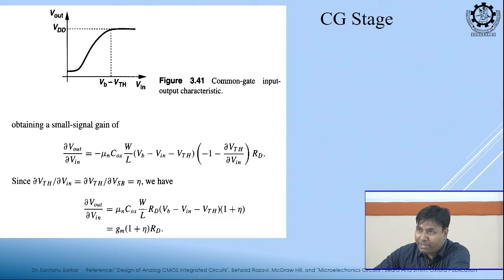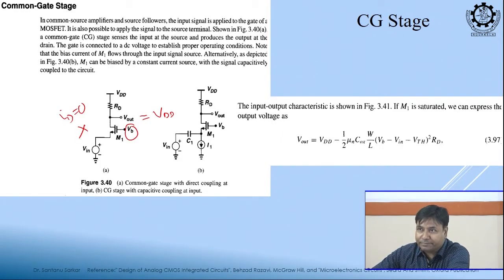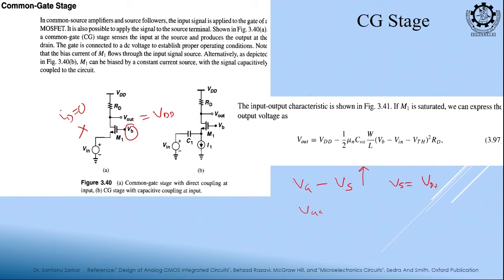So, can you tell me when this MOSFET will go off, input low or input high? My input is at the source terminal, so VGS is VG minus Vs. So, if your input is high, when Vs is maximum, VGS is minimum and it may be 0.